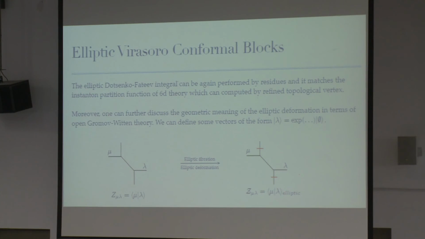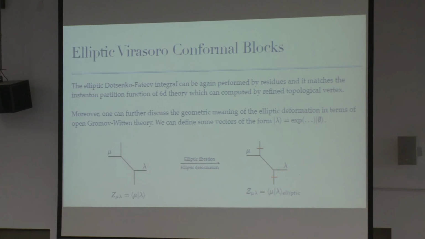And if you compute this open amplitude, this is the resolved conifold, an open amplitude with some boundary conditions on the holomorphic maps on the Lagrangian planes, you can write it algebraically as a vector, and then this is just an overlap between two vectors. You can write it.